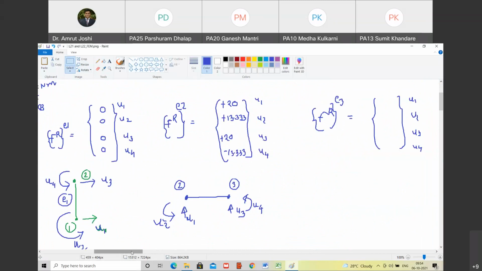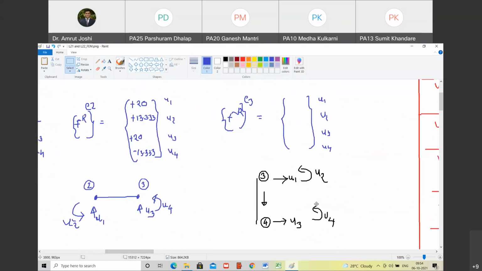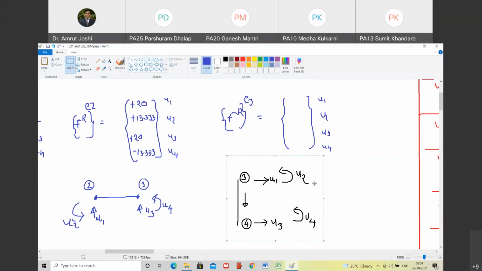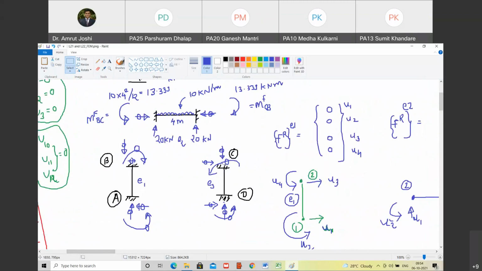Borrowed that diagram. Now what is U1? U1 is horizontal translation at 3. So horizontal translation at 3 means I should be looking for the horizontal force reaction at C. That is 0.